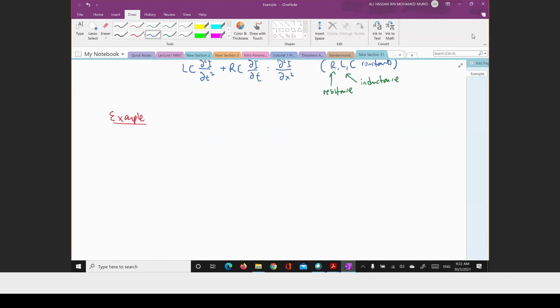Suppose you are given z equal to e to the power of x squared minus e to the power of y over 2, where x is equal to t and y is equal to a function of t as well.